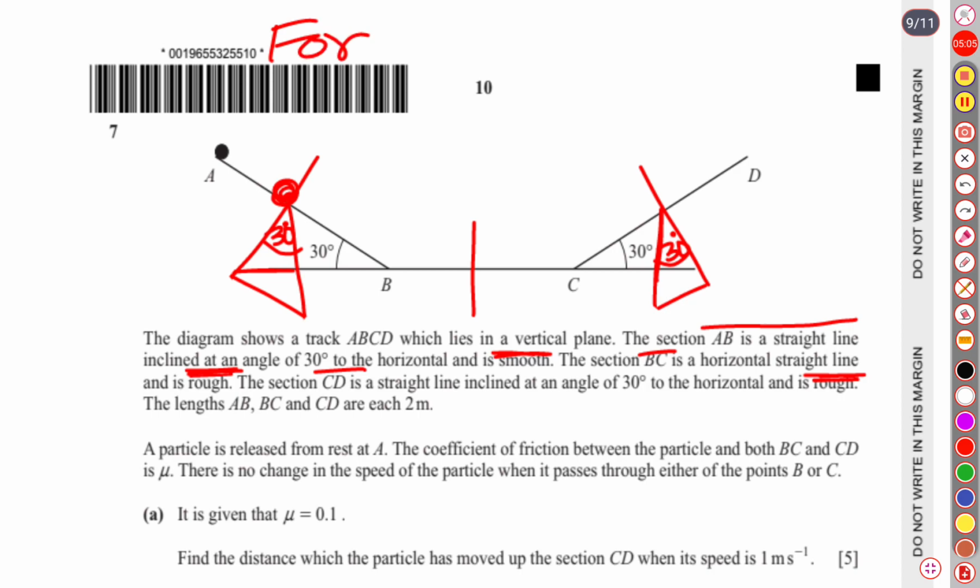For the section BC, there will be a different normal reaction force, because BC is lying straight along the horizontal, whereas CD is inclined at an angle of 30 degrees. So definitely the normal reaction force will not be the same in both cases.